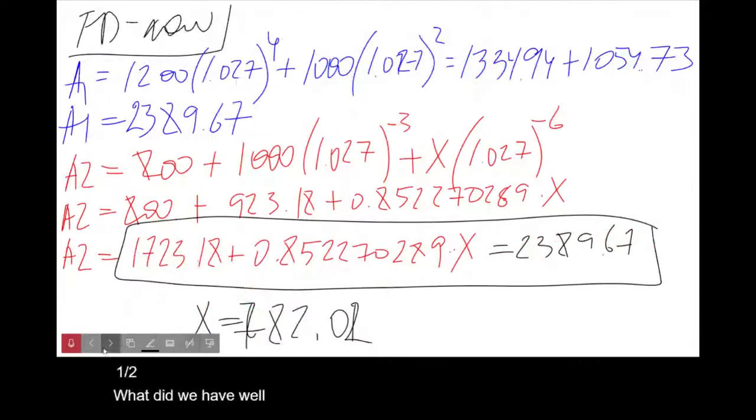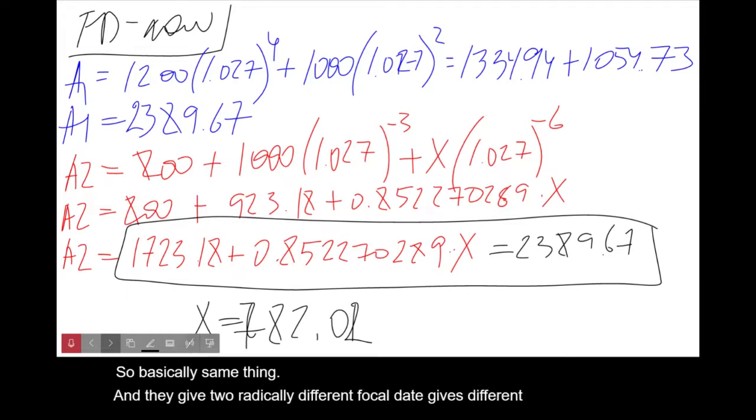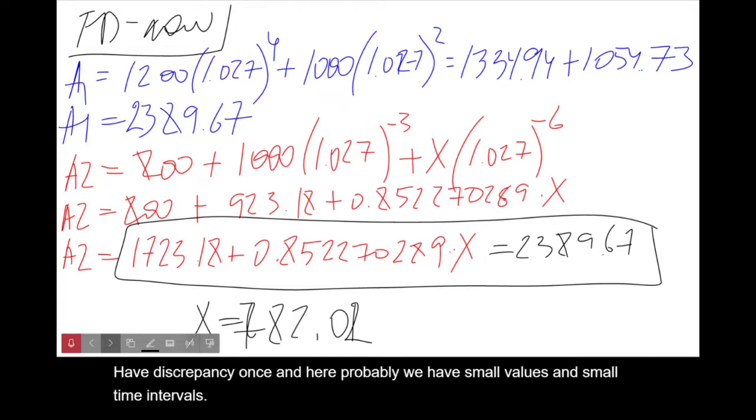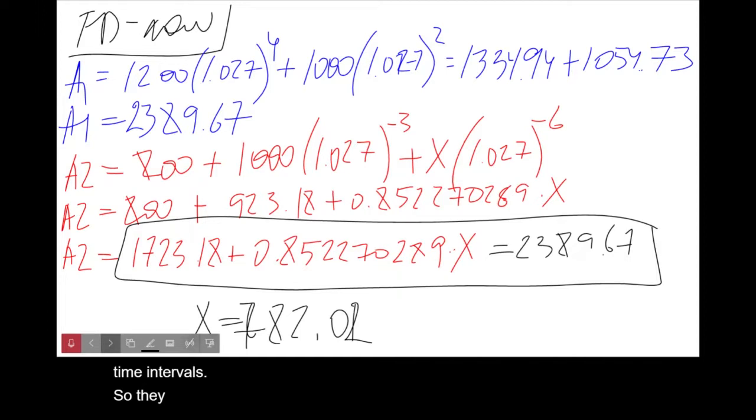Well, 1 cent different. So basically the same thing. And again, theoretically, different focal dates give different answers. We have a discrepancy of 1 cent here. Probably because we have small values and small time intervals. So they are basically the same.